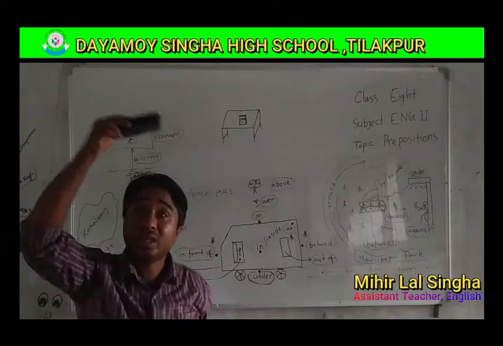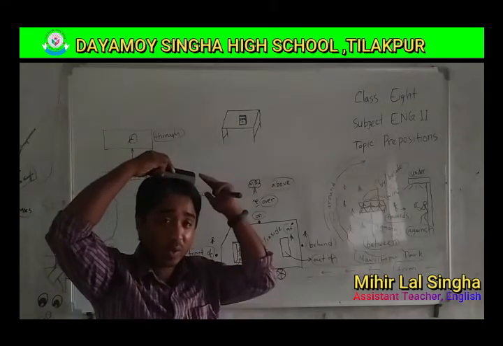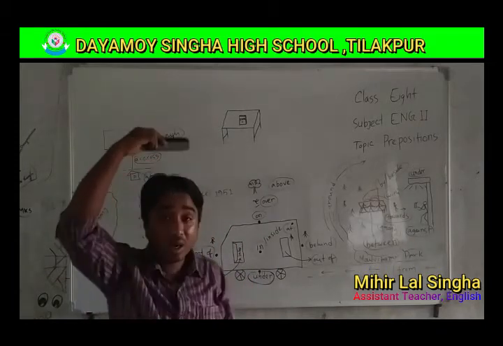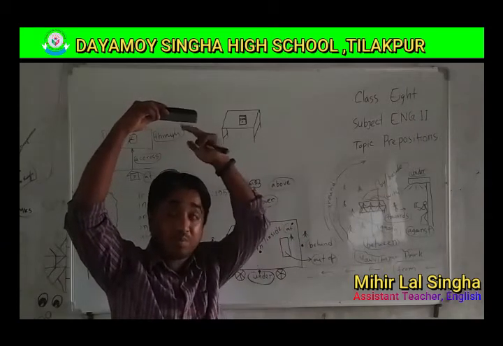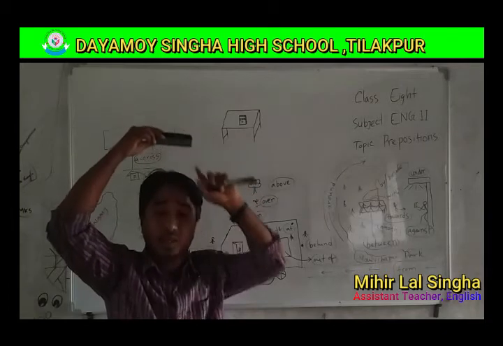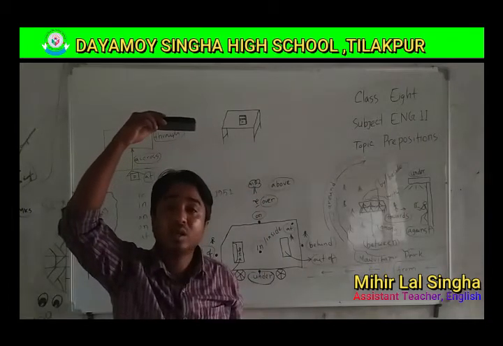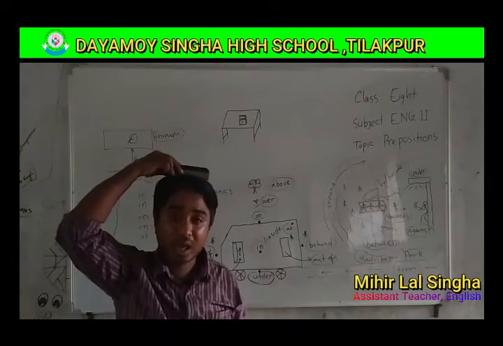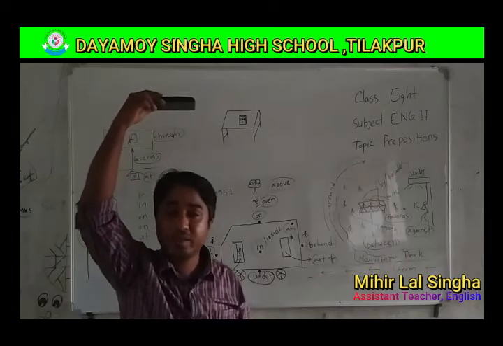If the matter is touched to something else, then we have to use the preposition on. So now what? There is no touch, so there is a gap between my head and the duster. So we cannot use the preposition on because it is not touched. Touched, that means on my head. Not touched, we cannot use on.